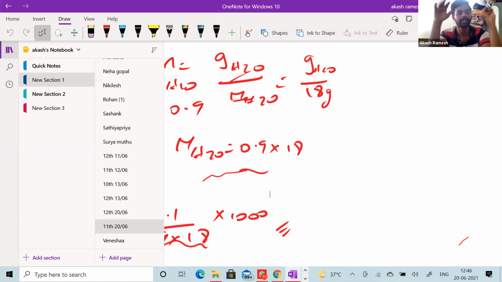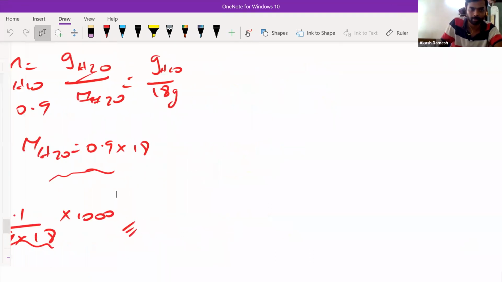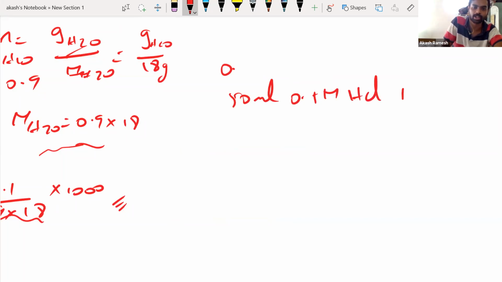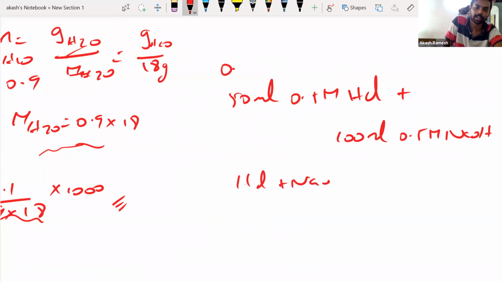If I give you an example like this, say 50 ml of 0.5 m HCl solution is mixed with 100 ml of 0.5 m NaOH solution. They will give it like this, right? Obviously, I know HCl plus NaOH will form NaCl plus water.